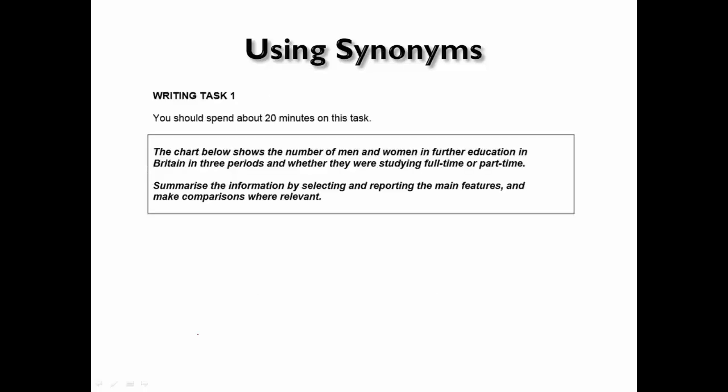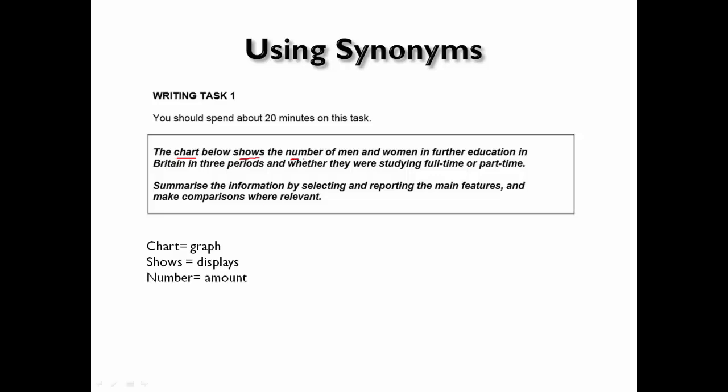So let's look at how we can use synonyms in a real question. Let's look at an example. So chart, we'd replace it with graph. So what we do is we just take the word and we replace it with a direct synonym. Shows, displays. So we replace this word with displays. So it would be the graph below displays.